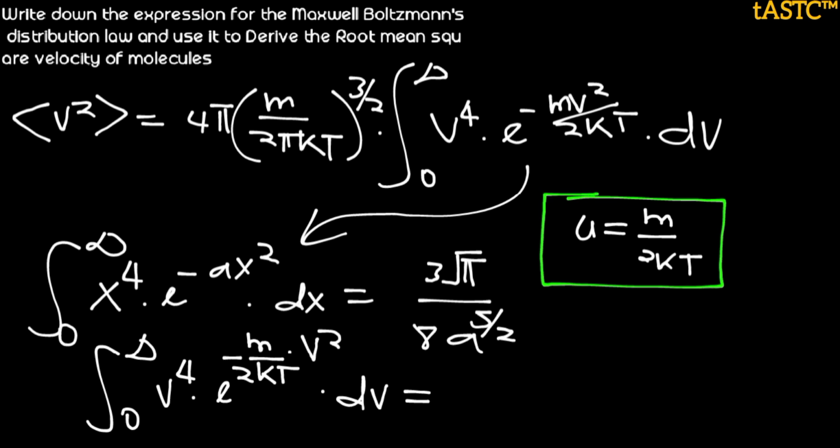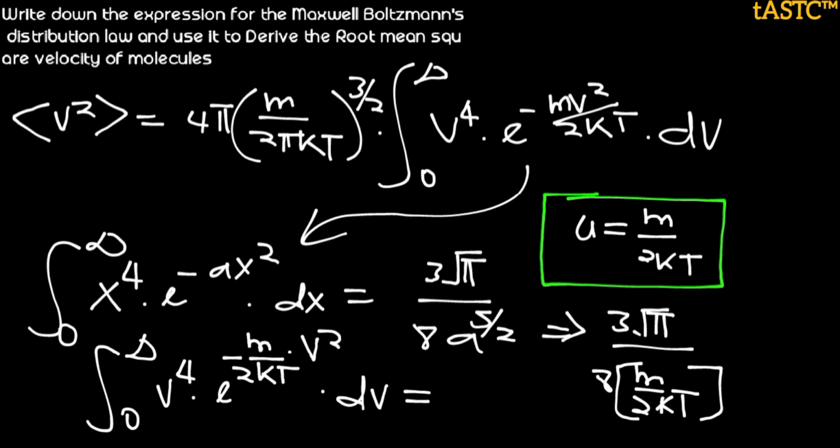Now I need to plug it back into the formula answer. So what is that going to give? Let us look at it. This is going to be 3 root pi divided by 8. Now a is equal to m divided by 2kT, and this is raised to the 5 halves.